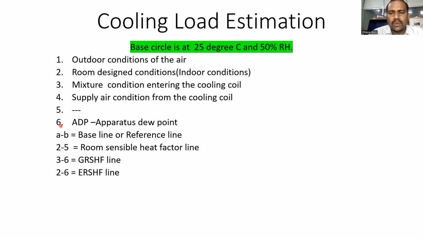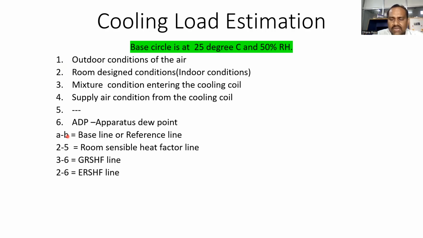We are using another point called 6, which stands for ADP, the apparatus dew point temperature. So we are using points 1 to 6. In addition, there are 2 points called A and B. A is the value obtained from the sensible heat factor, with the formula sensible heat factor equals sensible heat divided by total heat.